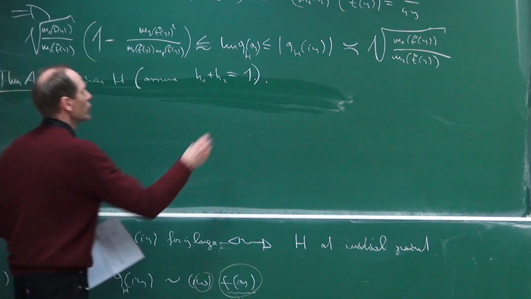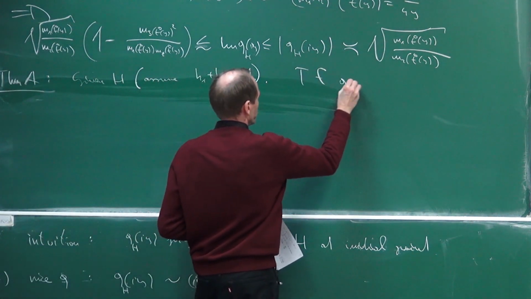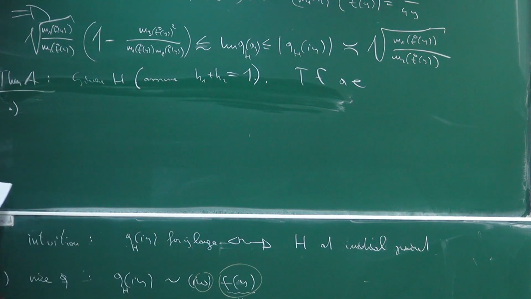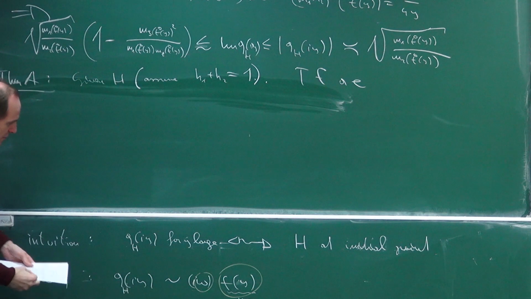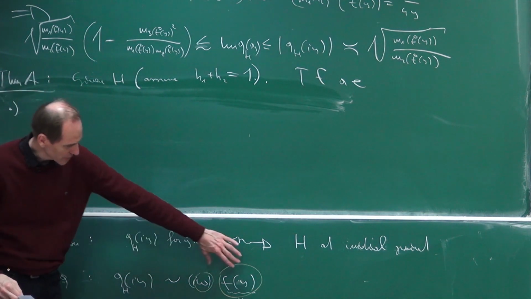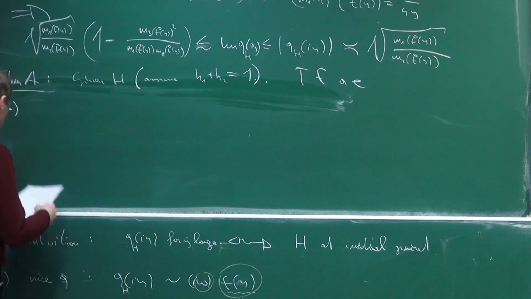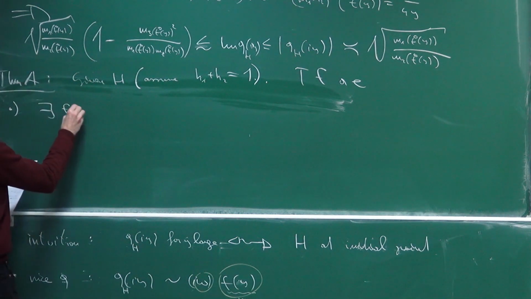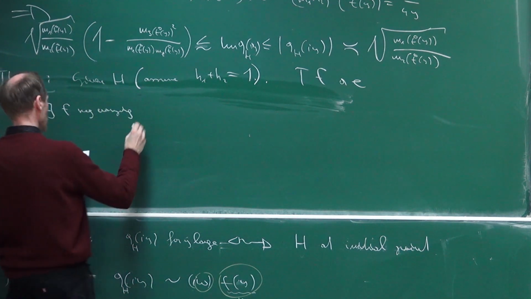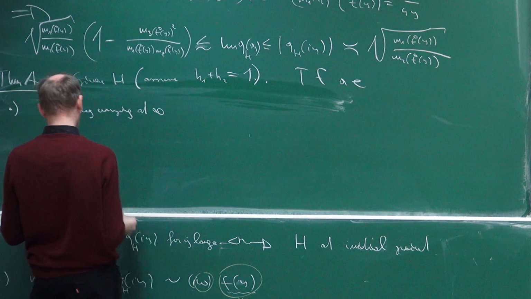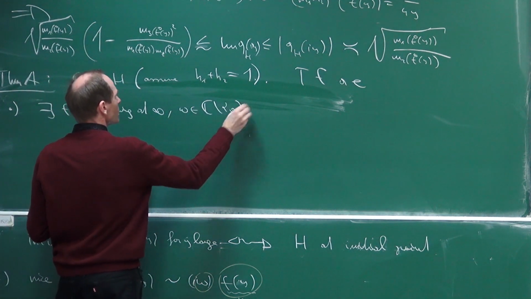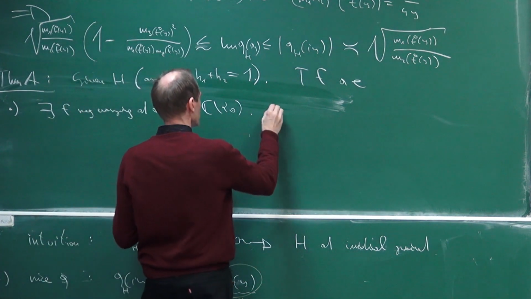And then the following are equivalent. 1. We have such nice behavior of Q that you have something regularly varying up to a constant. So there exists f regularly varying at infinity, and there exists some constant such that you have that.